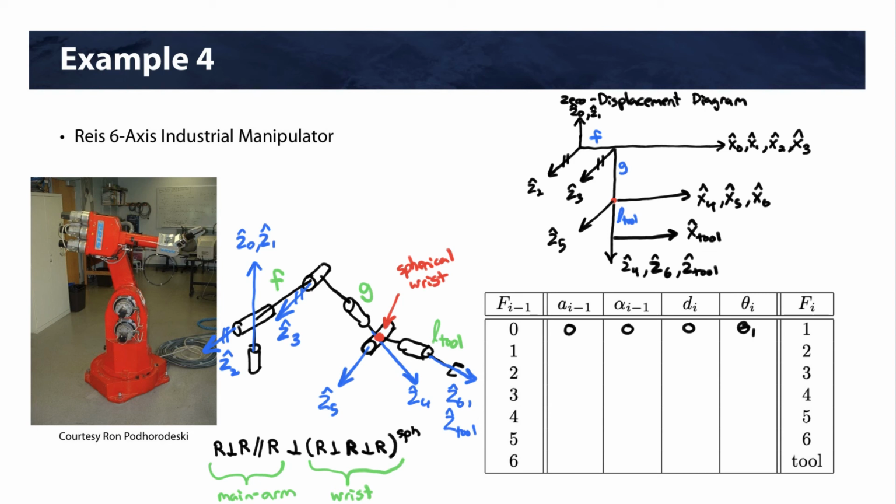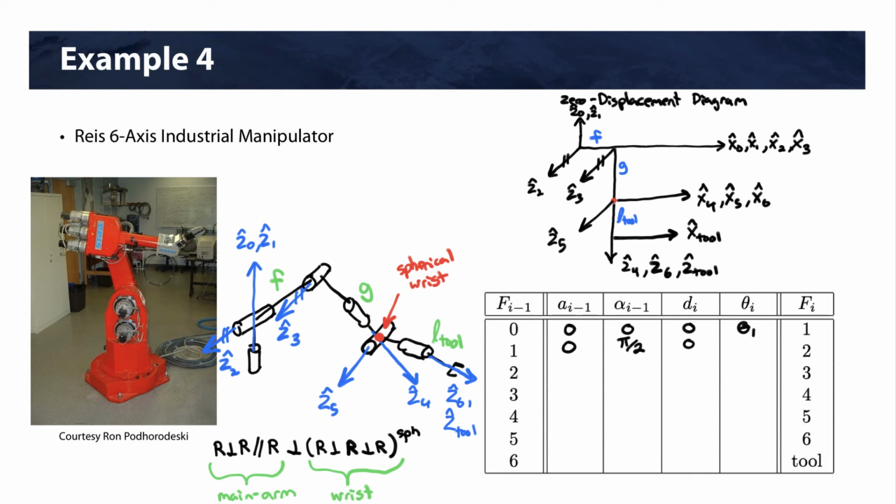All right, from 1 to 2, Z2 intersects Z1, so we know that's 0. There is an angle between Z1 and Z2. It's 90 degrees, and it's positive. So go from Z1 up to Z2 coming out of the page. That's a positive rotation. So that's going to be pi over 2. All right. There's no distance between x's.